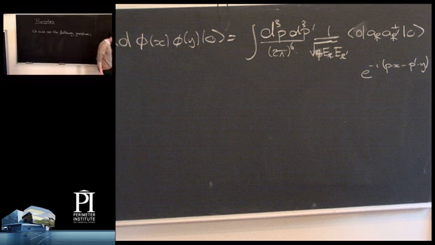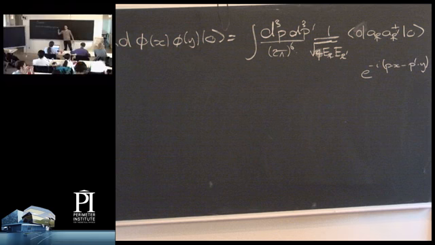Okay, so the question I asked in the previous lecture to check for Lorentz invariance was, does a measurement here interfere with a measurement which is conducted at a space-like separation? That's the statement that does an operator at point x commute with an operator at point y, where x and y are space-like separated? And we found that the answer was yes, they commute, so there's no way to signal faster than the speed of light using this theory, which is a good thing.